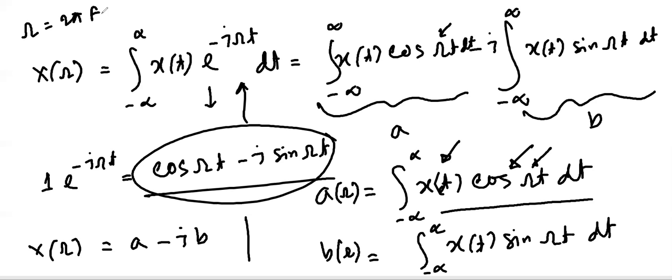For different values, you have this part, and what we are doing is the correlation between our unknown signal and our known signal.